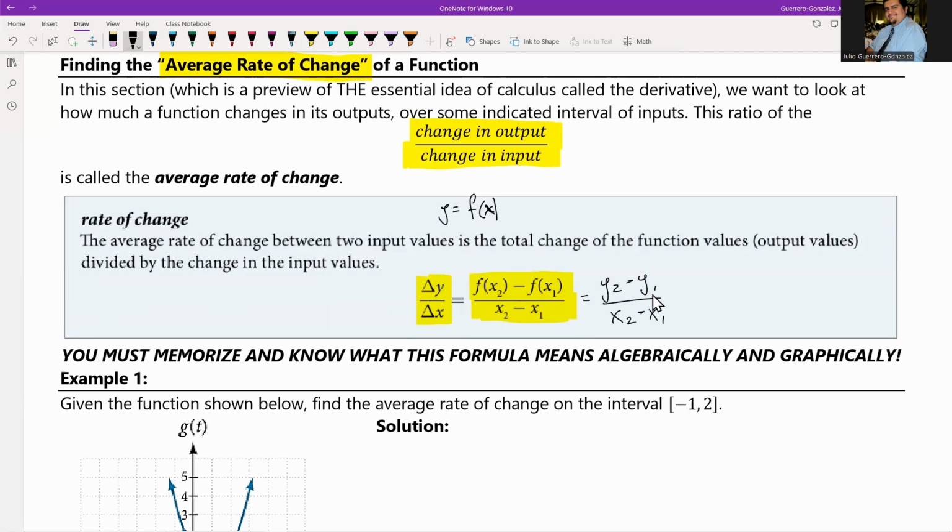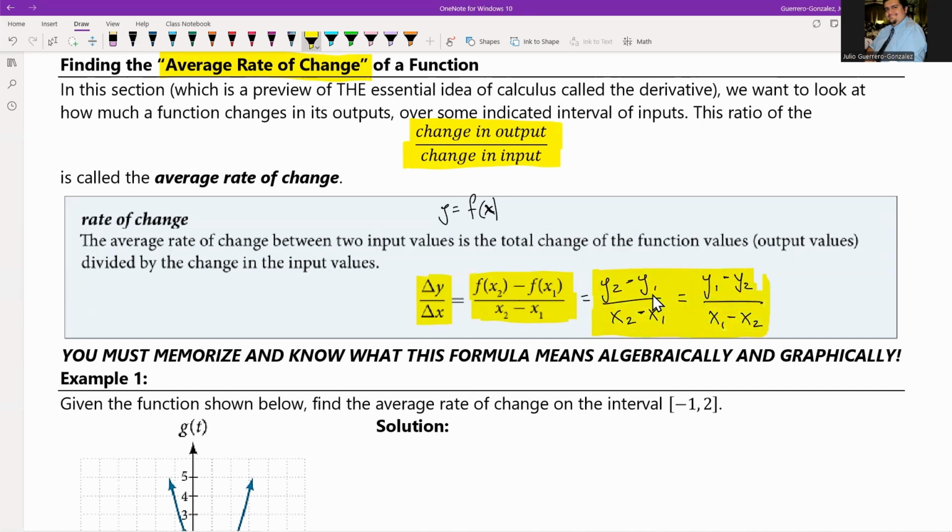This is an entirely valid way of explaining the same exact thing. Also, I should put this out here too: y1 minus y2 all over x1 minus x2. Both of these are entirely equivalent.